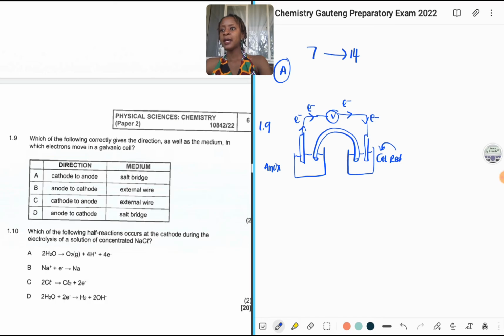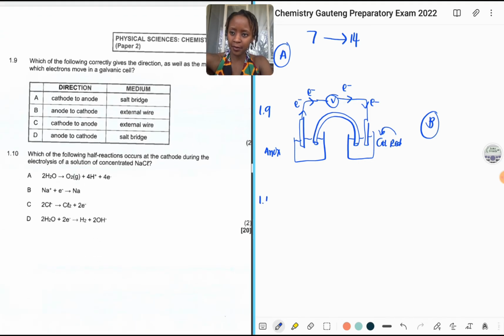So we are looking at B and D as our options. Now, are the electrons at the salt bridge? No, they're at the external wire. So anode to cathode external wire, and that would be B.